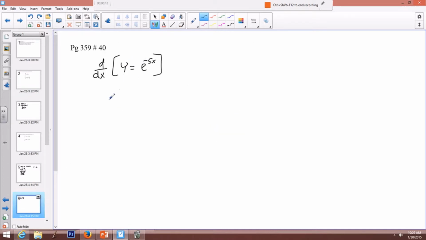So when we go to do the derivative of y with respect to x, it is going to be just that e to the negative 5x times the derivative of that expression, which in this case, the derivative of negative 5x is negative 5. So my final answer for dy over dx or y prime, whichever you prefer, is going to be negative 5e to the negative 5x.